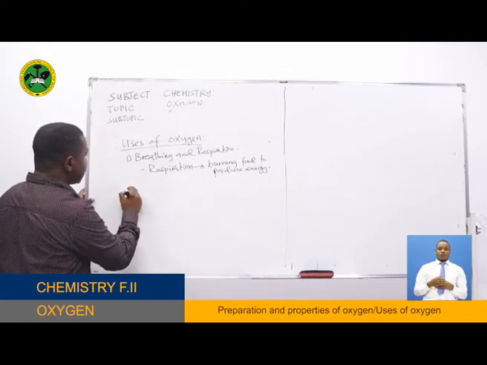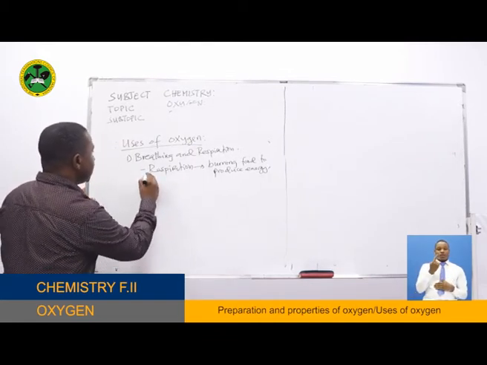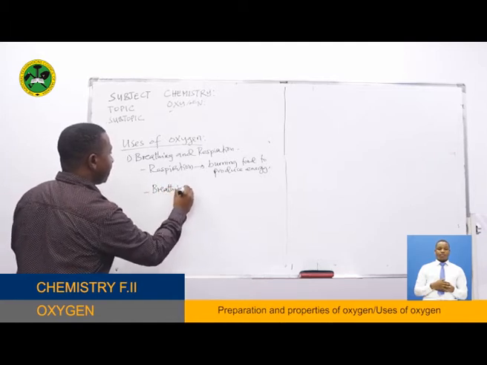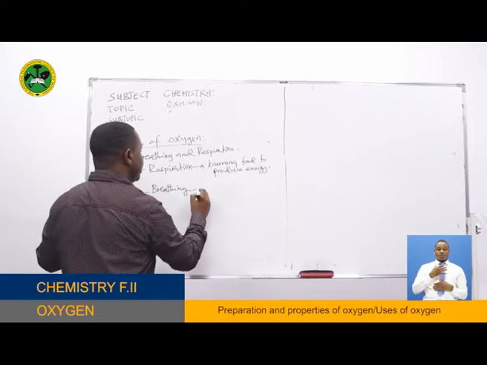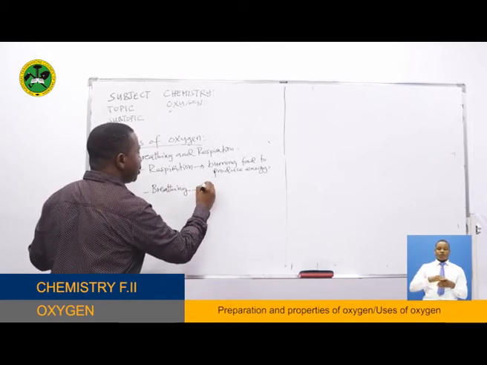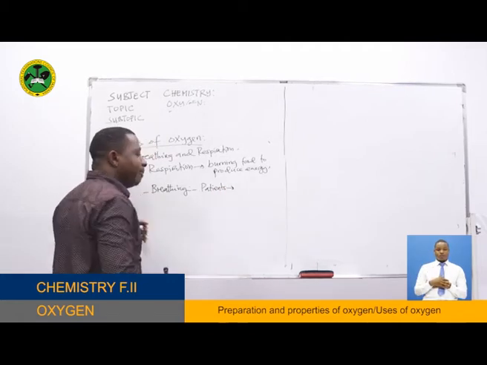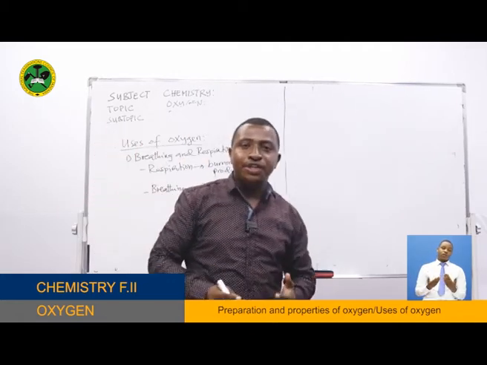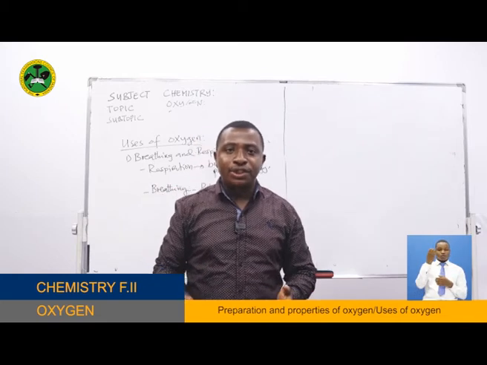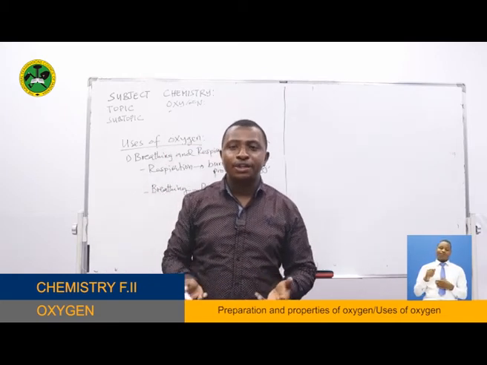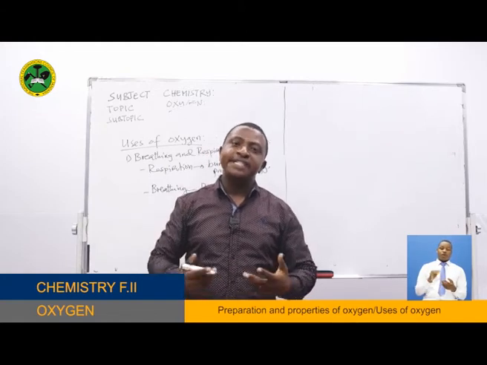Now, let us see breathing. Oxygen is used for patients. Maybe a patient who is in a coma, who cannot breathe properly, is supplied with oxygen, which is always stored in cylinders.